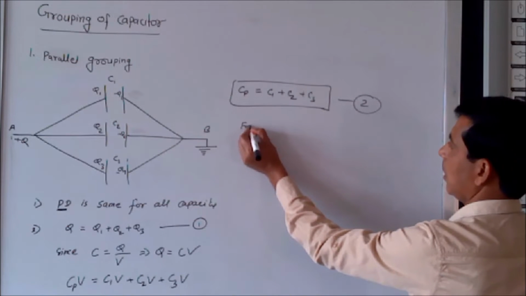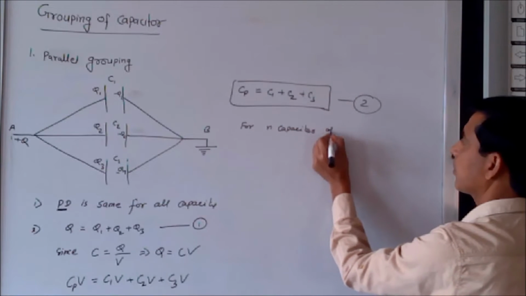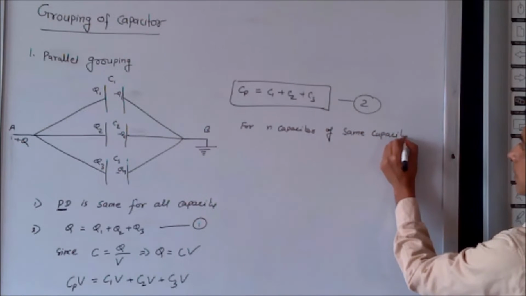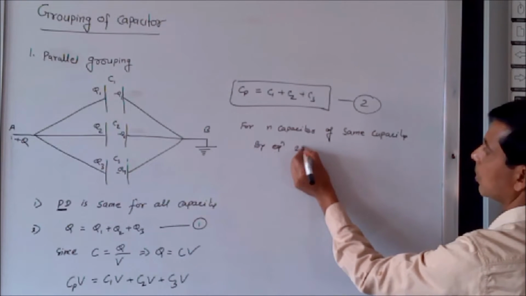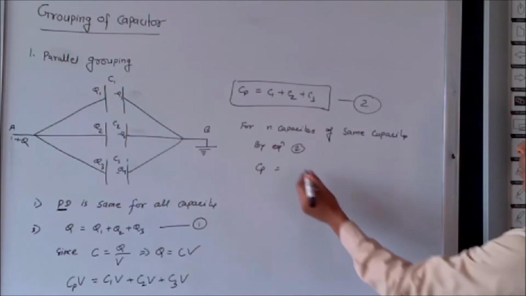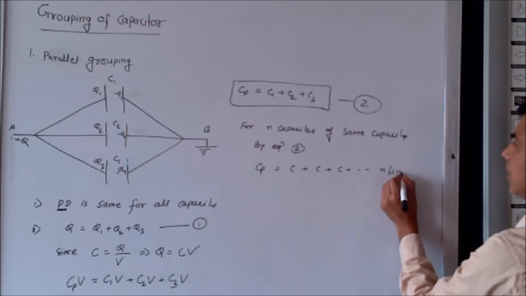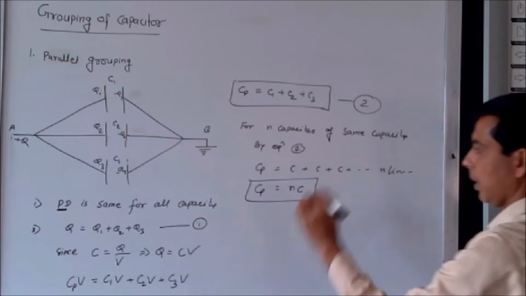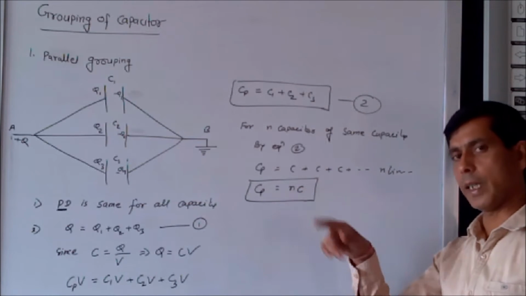For n capacitors of the same capacity, by equation 2, Cp can be written as C plus C plus C up to n times. That means it will be equal to nC, so Cp equals nC, the product of the number of capacitors and their capacity.